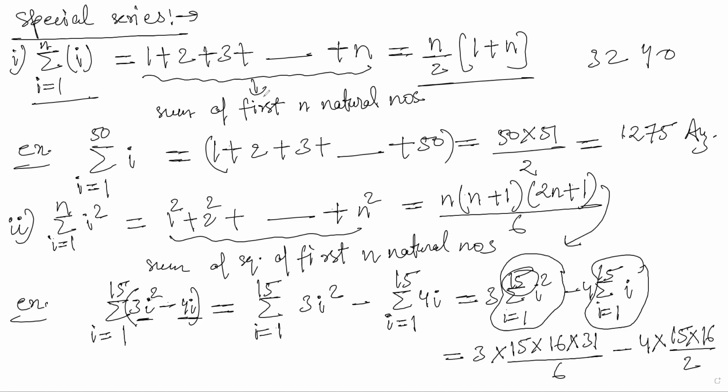Okay, so the third formula is the sum of cubes of first n natural numbers.